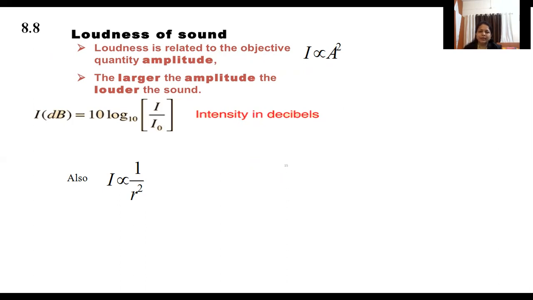And this can be given as the intensity, having the SI unit Watt per meter square, and in decibels also the intensity is given, like I in dB is equal to 10 times the intensity in bel. So if we multiply this quantity in bels with 10, we get the intensity in decibels. Also the loudness of sound depends upon the distance from the source.